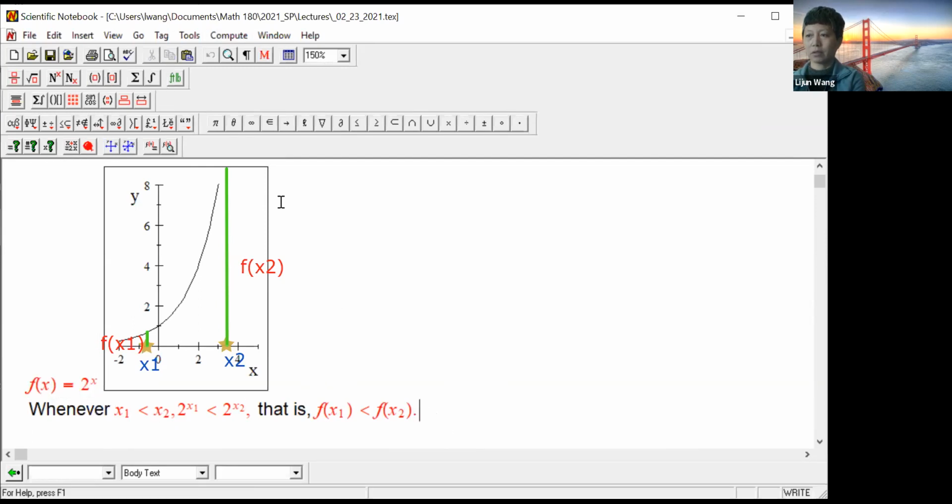F of x equals 2 to the power x is increasing in its domain, because this statement is true everywhere. Do you follow me? It's increasing. So sometimes for this function, we can say it's increasing because it's increasing everywhere. Do you follow me?